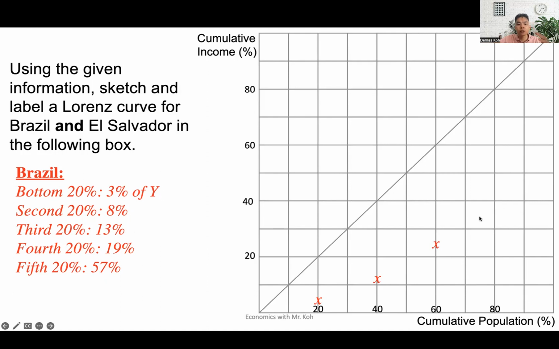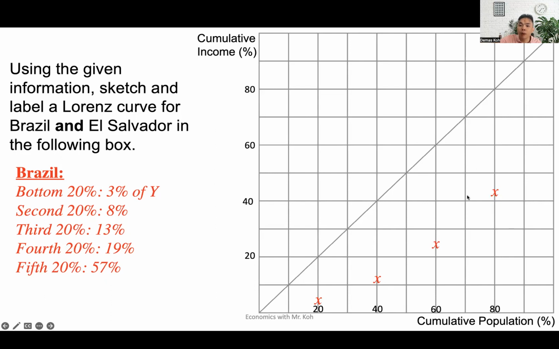Okay, and you do the same for the fourth quintile. And then you've got 4 crosses already. And then of course the fifth one is going to be right at the top. So at the top right-hand corner, because I mean it's everybody in Brazil, right?